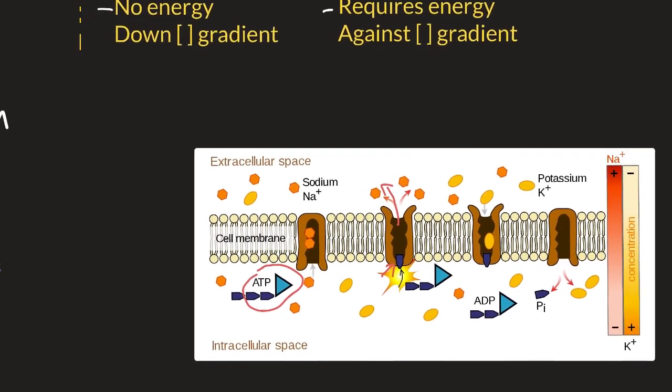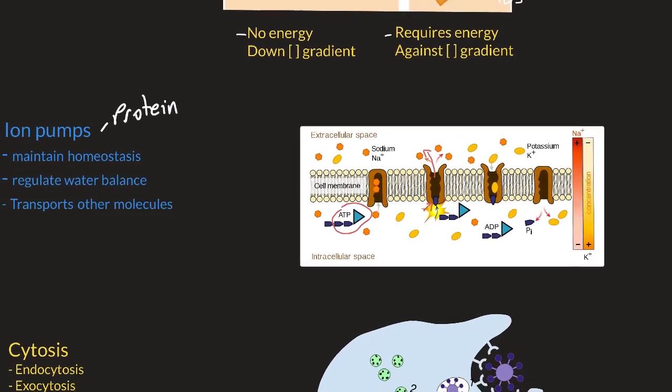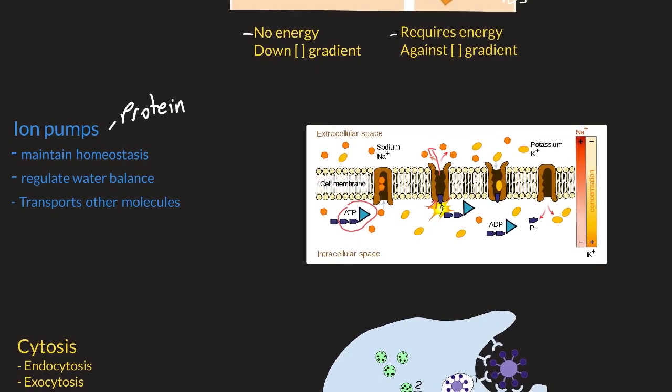There's a number of reasons why a cell needs to use active transport with ion pumps. One reason is to maintain homeostasis, to ensure that there's the right concentration of ions on either side of the membrane. You remember, homeostasis is the process of maintaining a constant internal environment.